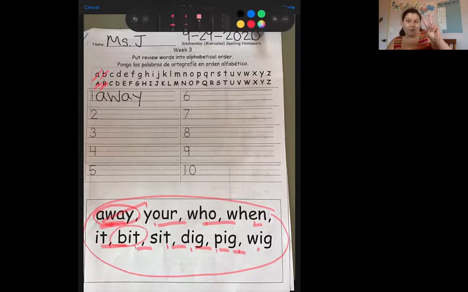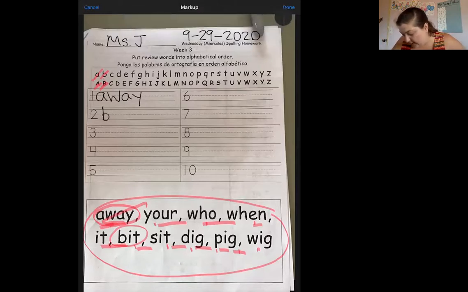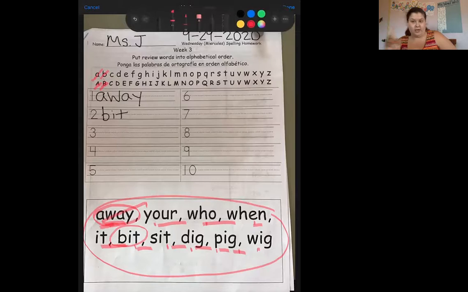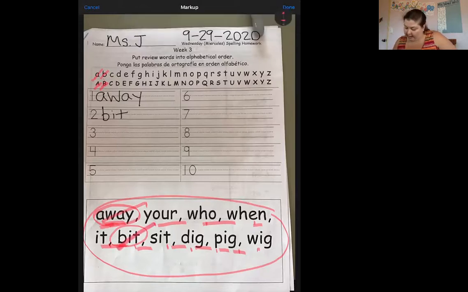And the second word we're going to write is B, because B comes after A. B, I, T, bit. Okay? So here I am in red. No tienen que escribir en rojo. You don't need to write in red. Here's bit.